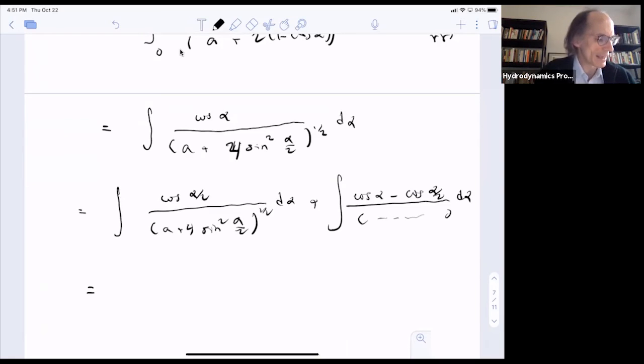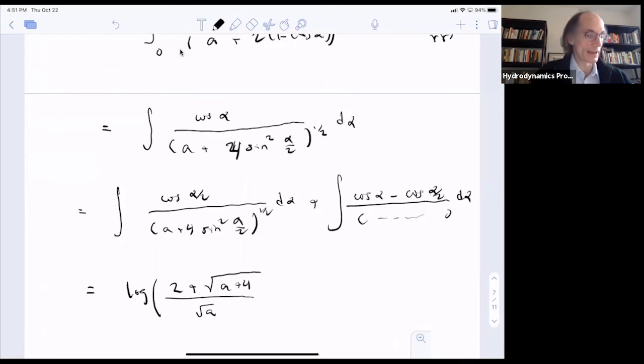And what I get in the end is, for this, we have log of 2 plus a plus 4 to the 1/2 over square root of a. And a, again, is this ratio x minus x prime squared over r prime.